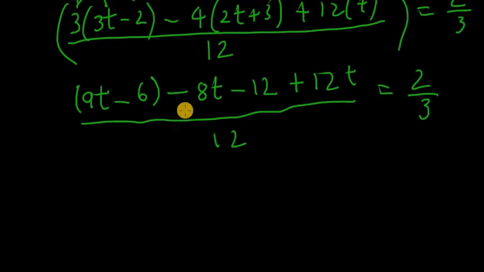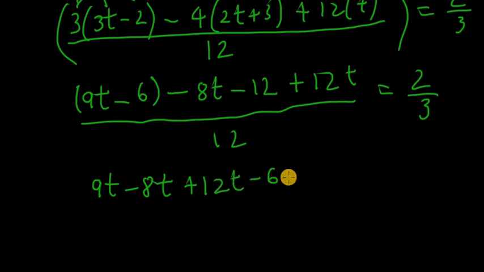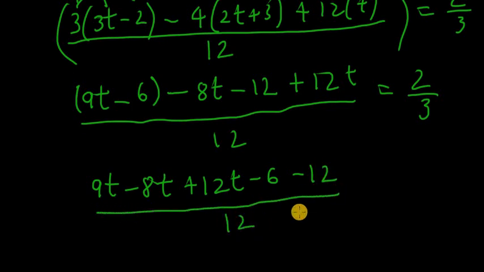So now we can simplify this. We have to add or subtract all the variables and constants. So 9t minus 8t plus 12t, and now the constants: minus 6 minus 12, divided by 12, equals 2 by 3.